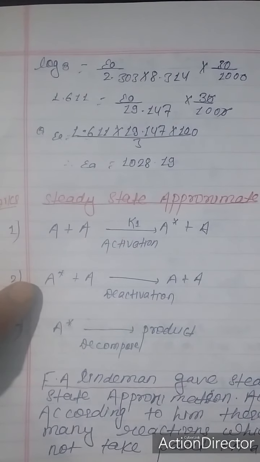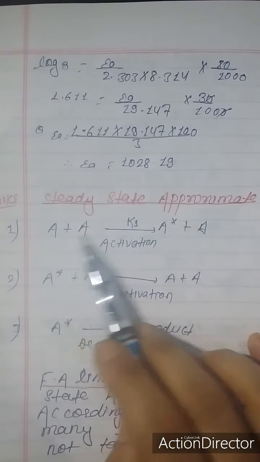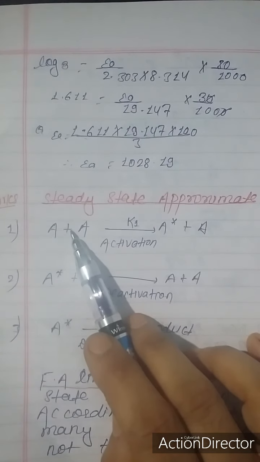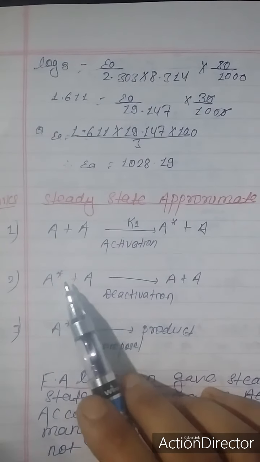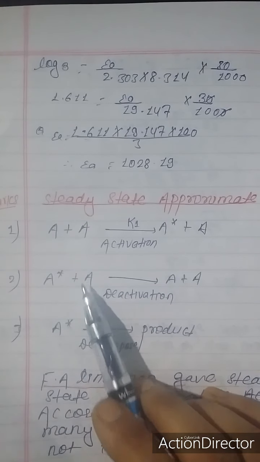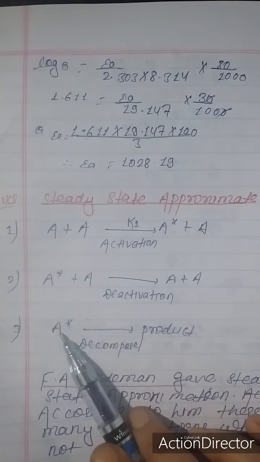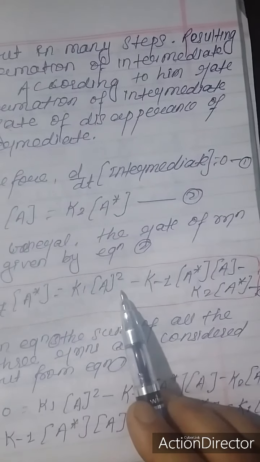First was k1, concentration of reactants, reactants are A A, so A square. Second is k inverse 1, reactants are A star and A. And third is k2, reactant is A star. So this is how I got this equation.